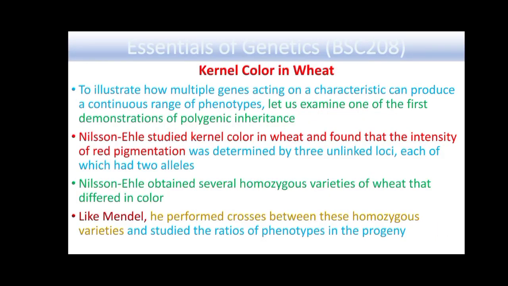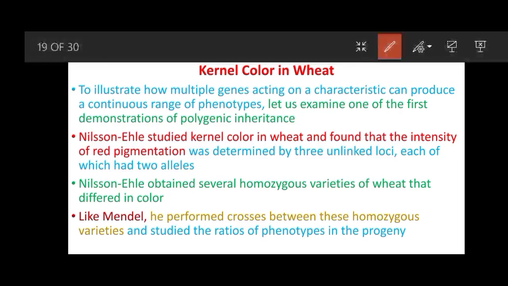So now coming towards an example of kernel color in wheat. To illustrate how multiple genes acting on a characteristic can produce a continuous range of phenotypes, let us examine one of the first demonstrations of polygenic inheritance. Nilsson-Ehle studied kernel color in wheat and found that the intensity of red pigmentation was determined by three unlinked loci, and each of these loci had two alleles.